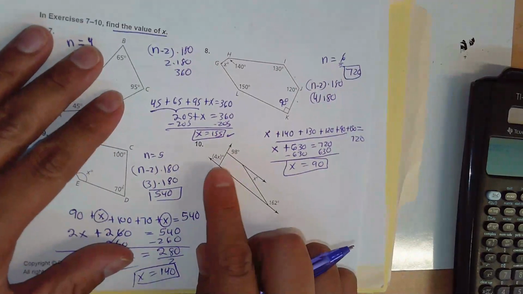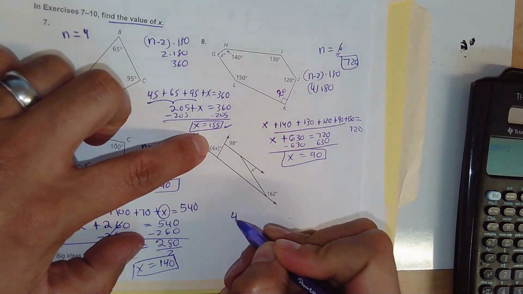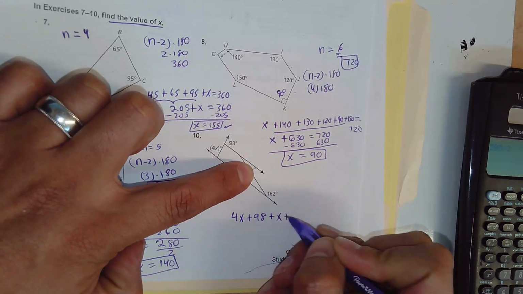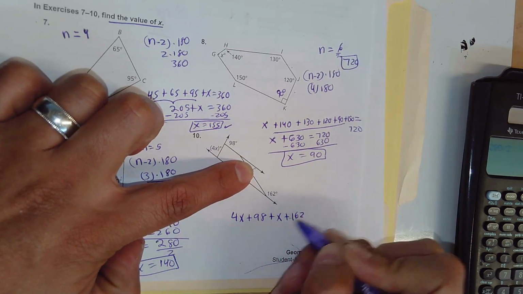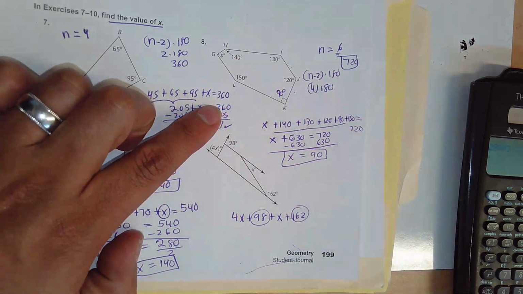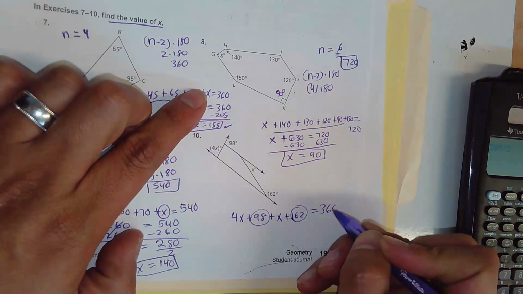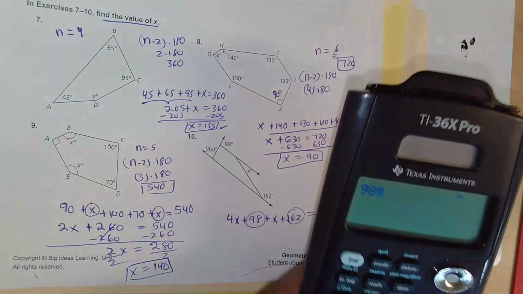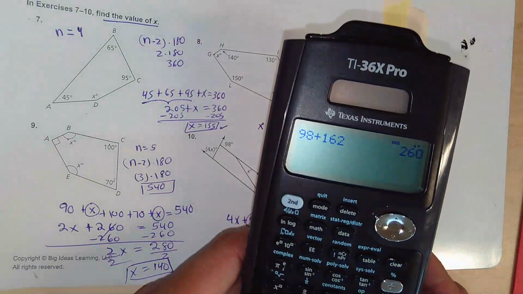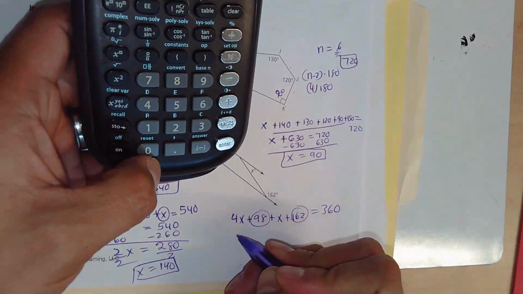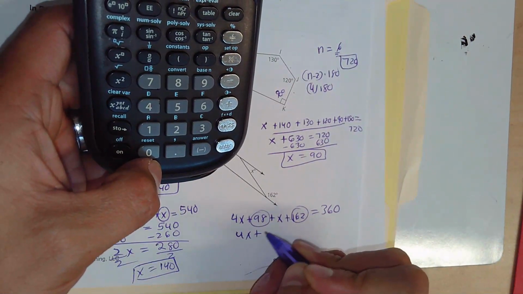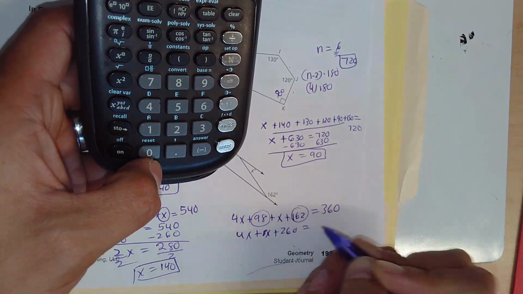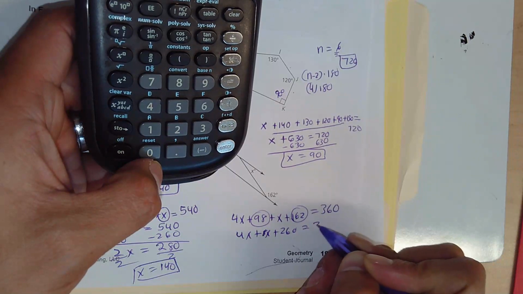So we're going to use this formula on this question right here. We're going to do 4x plus 98 plus x plus 162. We're going to add these two and subtract that from 360. 98 plus 162 is 260, and we're going to subtract that from 360.